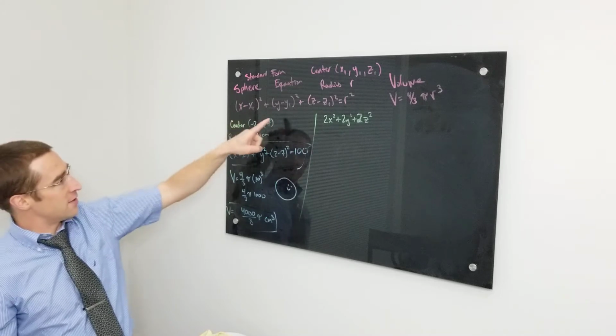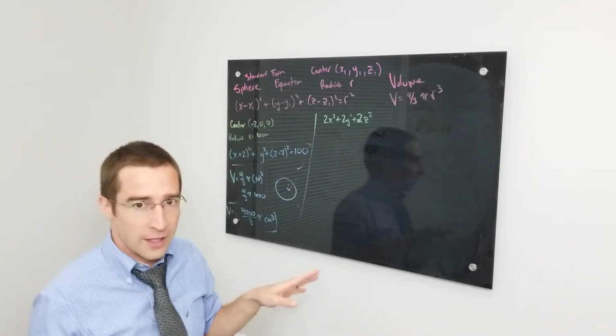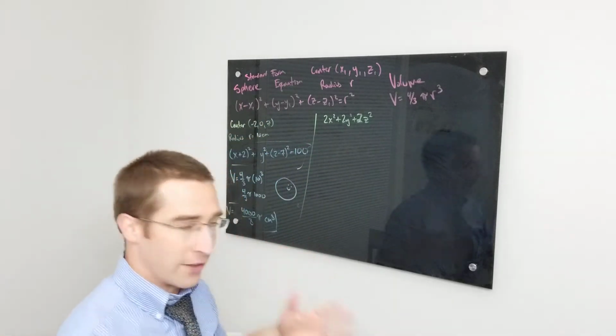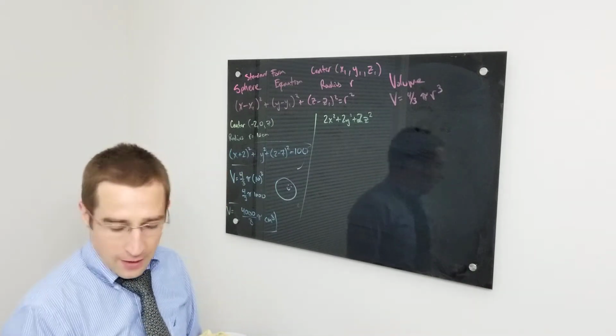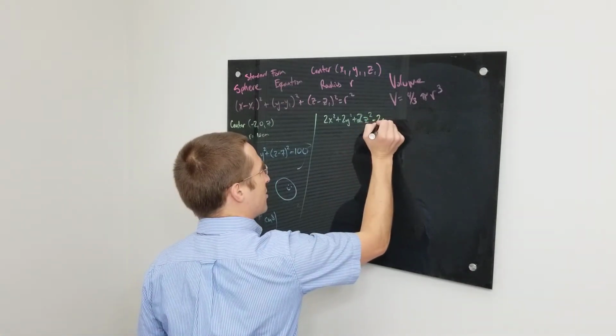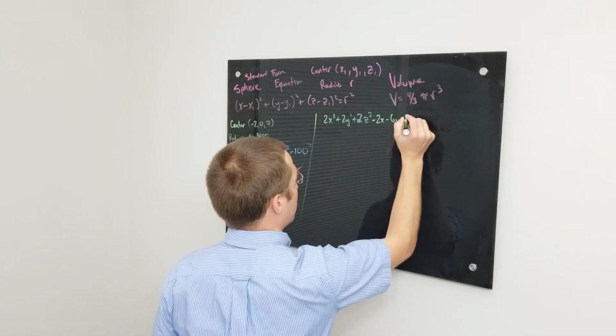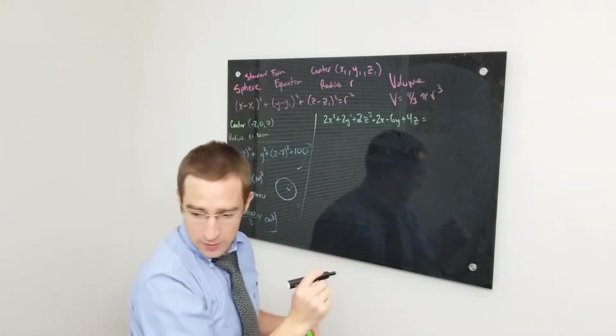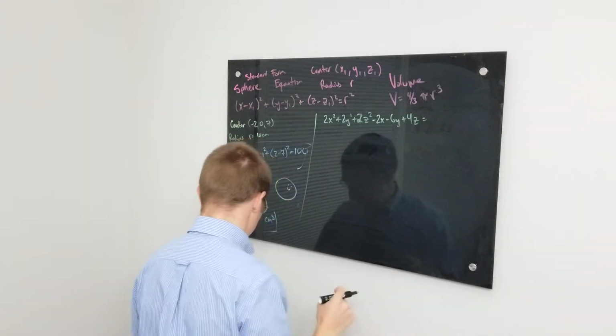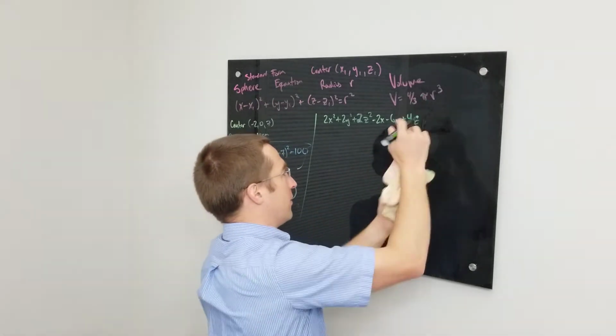All your z's should have little arms on them, so you don't get distracted or mess up your work. Minus 2x minus 6y plus 4z plus 5 equals 0.